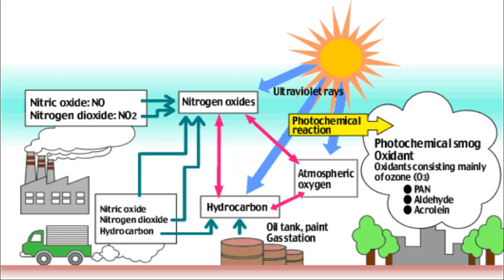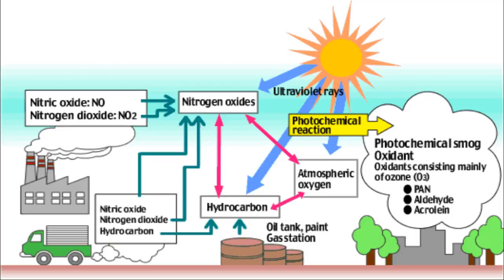Here's a very simple diagram of the causes of smog, which include nitrogen dioxide or NOx gases, volatile organic compounds, and ultraviolet light and heat, which combine together to make photochemical smog.